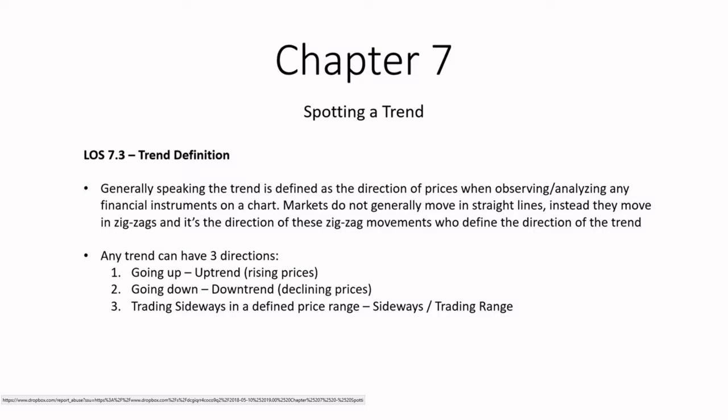When these zigzags are going down, it means that we have a downtrend, and the prices spend more time falling rather than rising. And when the market is moving sideways, it means that the market is meandering around a particular price range. And that's why we call it sideways or trading range trend conditions.